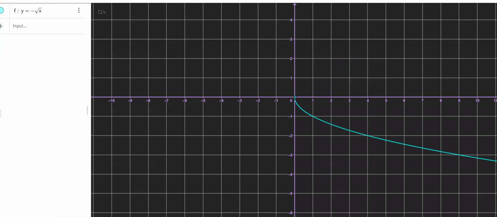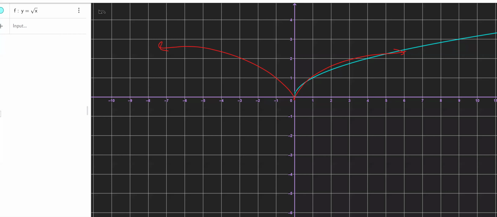Okay, now I move back to the original function, which is our parent function here, y equals the square root of x. As you see, it is going to the right here. If I want to reflect it left, right, that means I want to reflect it to the left.